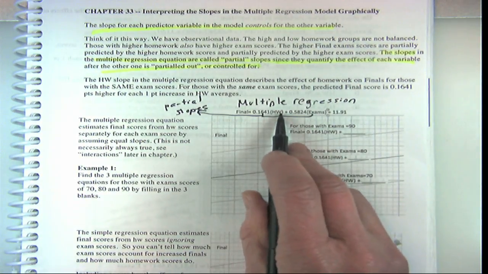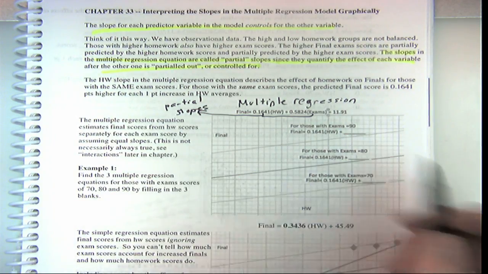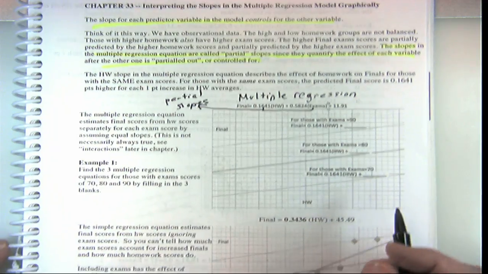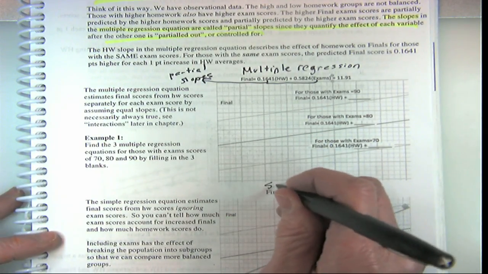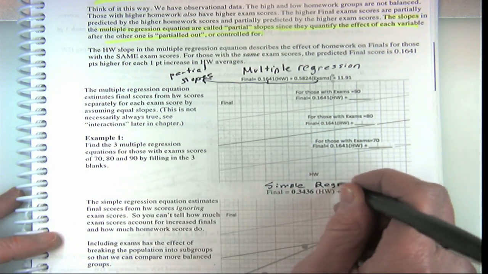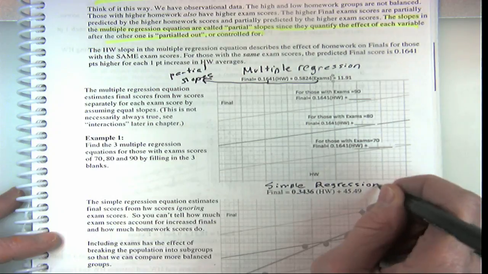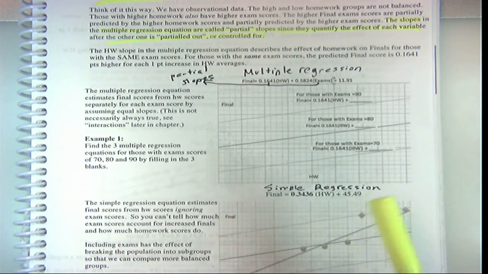We have homework and exams, both x's predicting the final. This is as opposed to the simple regression equation, where homework alone predicts y.